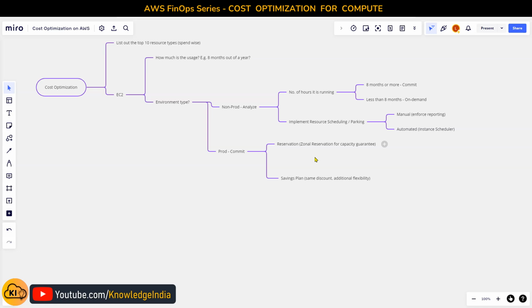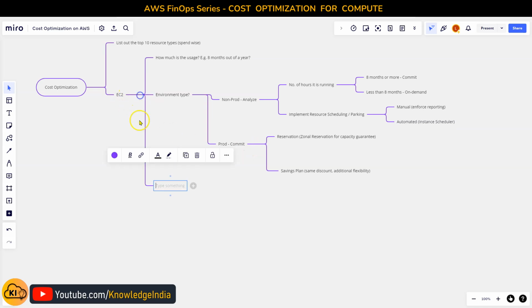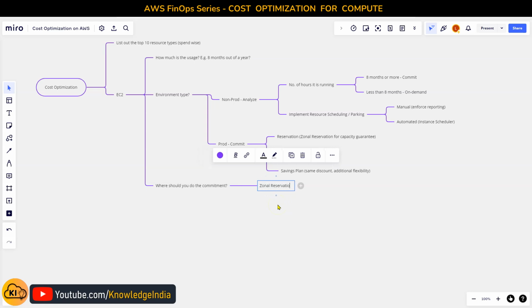Should you do this reservation at an account level, or where should you do it? So the answer for this is, for zonal reservations, they should be done at the account level.